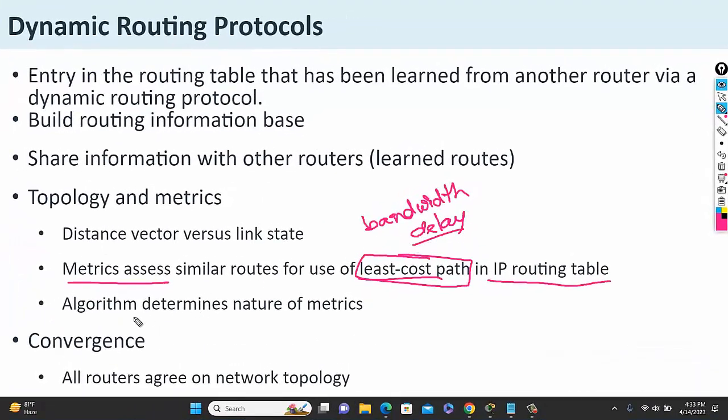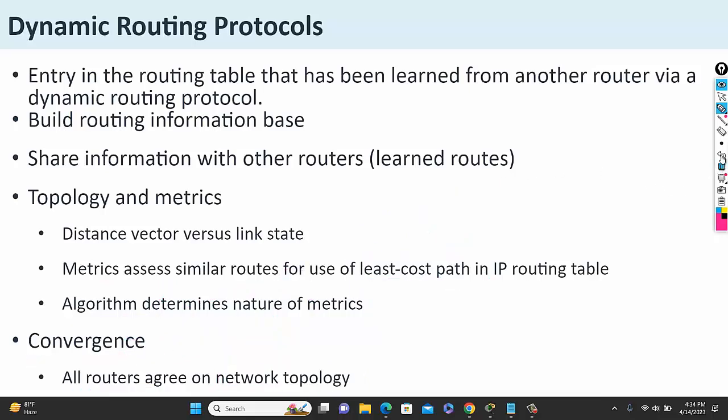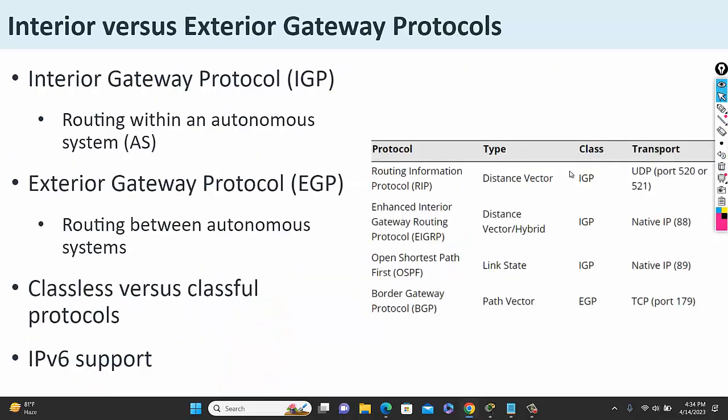Some other algorithms are also used to determine the metric. Convergence means all routers agree on a network topology, because every router shares information with the others and they create one topology. Then all routers agree with that topology. This is called convergence.